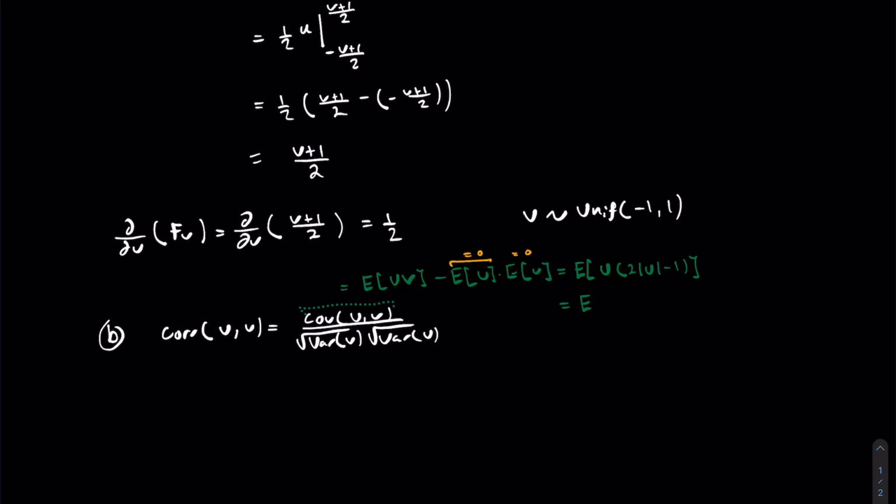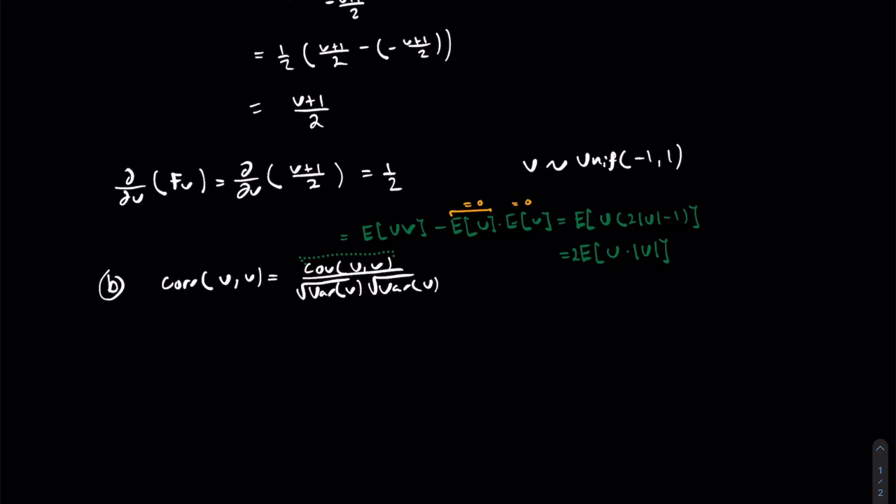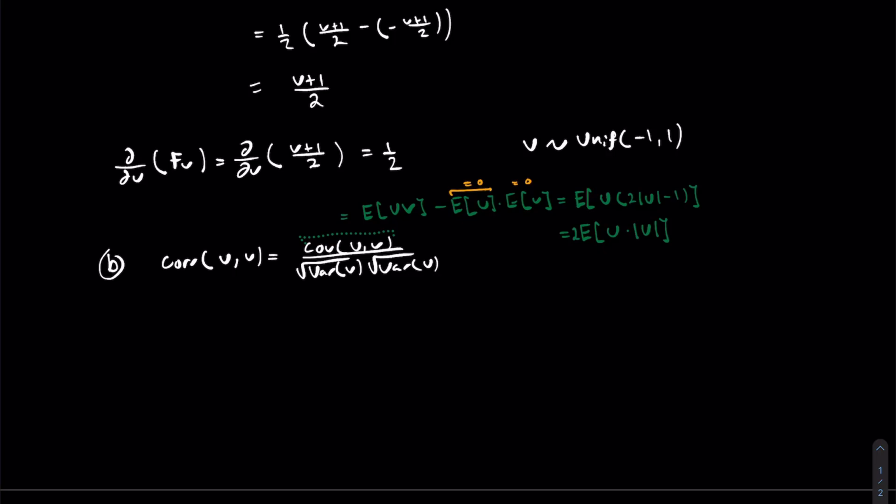We'll pull out this 2 by the rules of expectation, and the expectation of minus 1 is 0, so we end up with U times the absolute value of U. Okay, this looks a little complicated, so what we can do is divide this up into its positive and negative regions, and calculate the expectations therein.